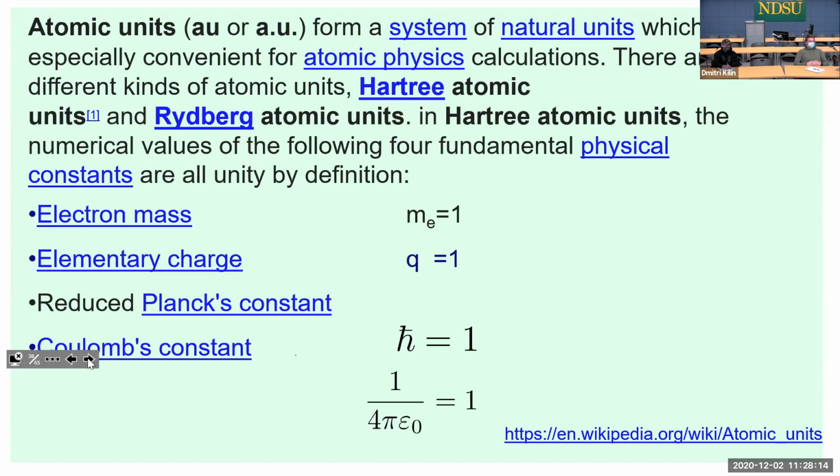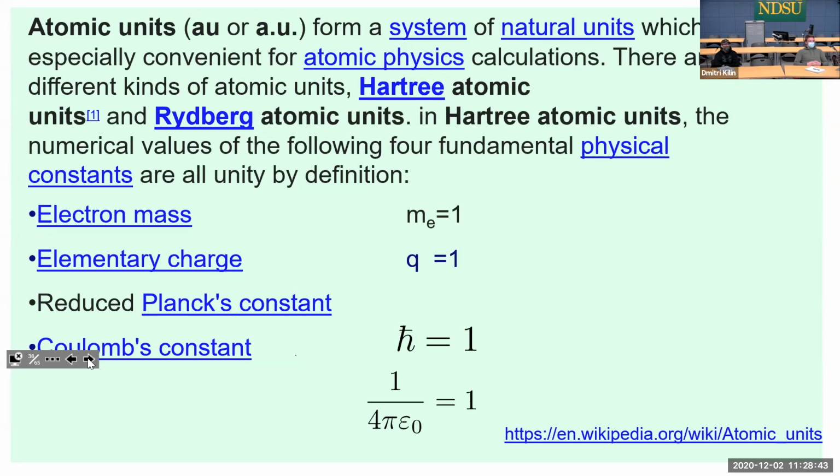Of course, the unit length and unit time in this system of units will be much different from the international system, from meters or feet. The unit length is the so-called Bohr radius, about half an angstrom. It's a typical distance between electron and proton in the hydrogen atom.